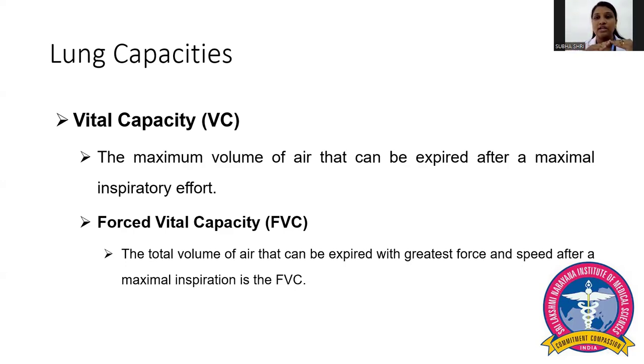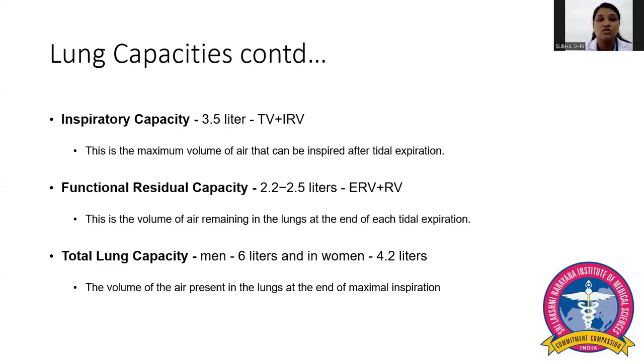From that point, you have to expire forcefully, maximally and forcefully. The amount of air that is expired maximally after a deep inspiration is called vital capacity. Next is inspiratory capacity.